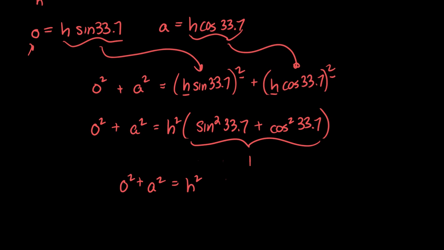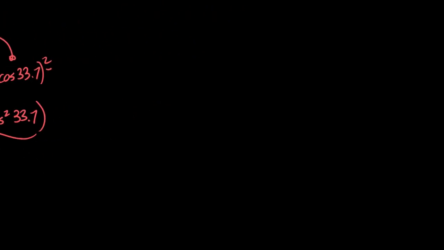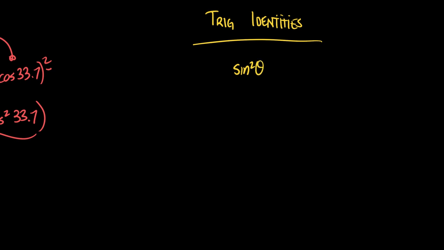No, it's not. And so on your trig cheat sheet, I want you to have a little section that you call trig identities. And this is one of the trig identities I want you to know. Trig identities are ways to replace one trig function with another trig function.